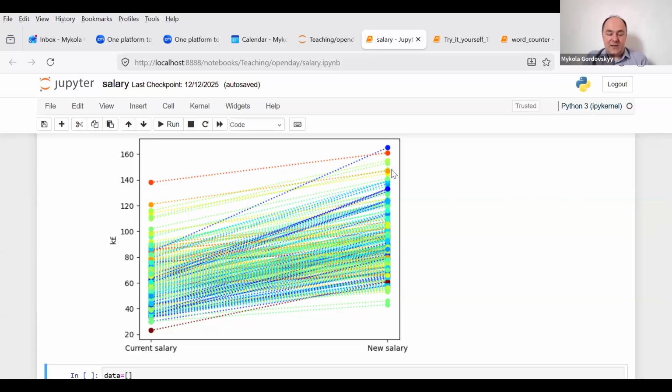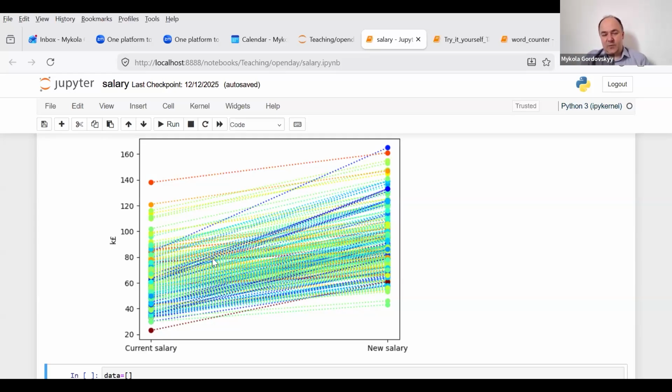Unsurprisingly, as one would expect, everyone expects that the salary will increase with time. But we clearly see that some people expect high increases in the next 5 or 10 years, but some people are much more moderate and expect very moderate increases.